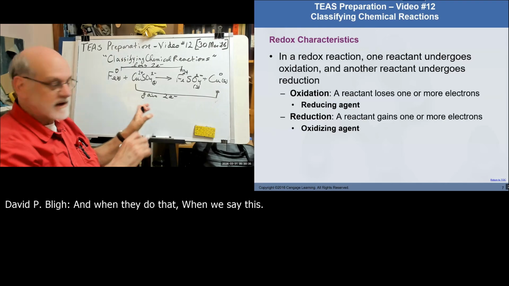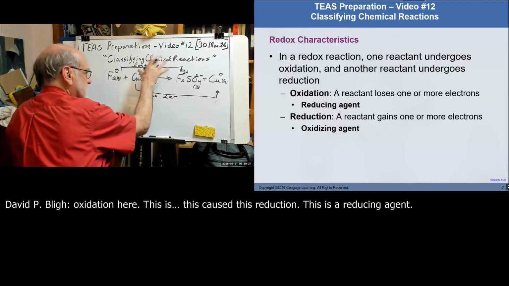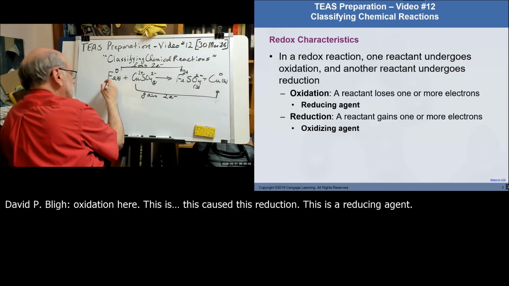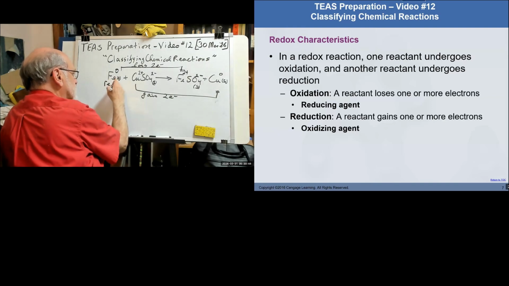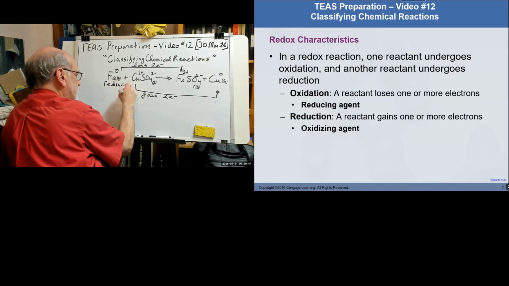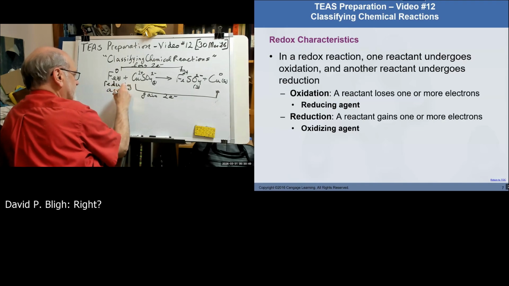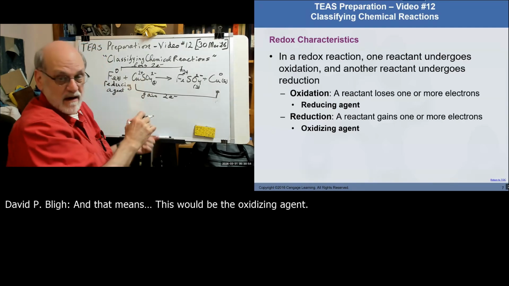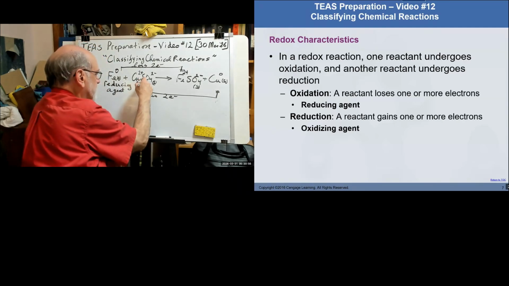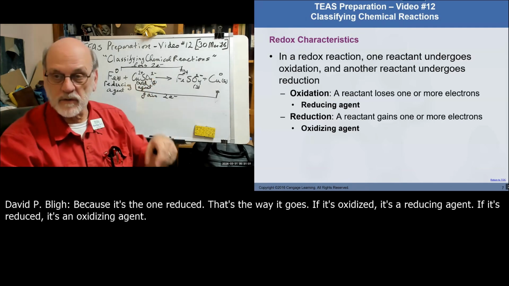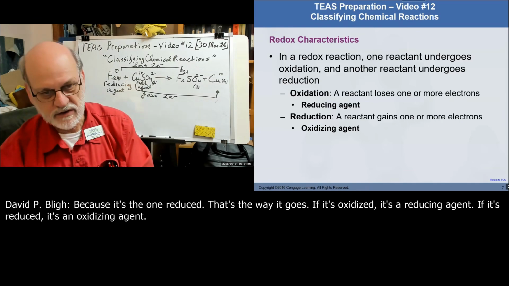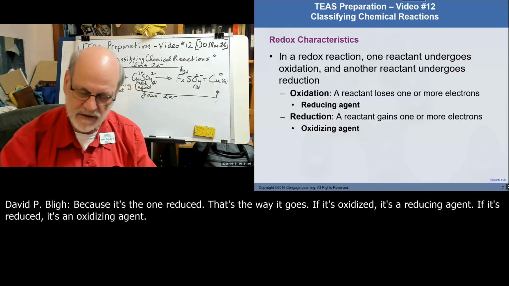And when we say this oxidation here caused this reduction, this is a reducing agent. Right? And that means this would be the oxidizing agent, because it's the one reduced. That's the way it goes. If it's oxidized, it's a reducing agent. If it's reduced, it's an oxidizing agent.